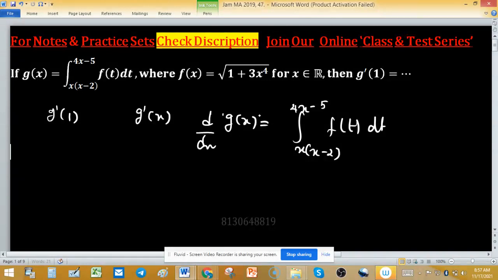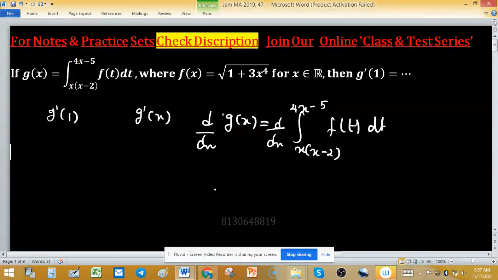Differentiate with respect to x on the left hand side and the right hand side also. So this concept of the Leibniz rule of differentiation comes in, or sometimes we know this concept as differentiation under integration.